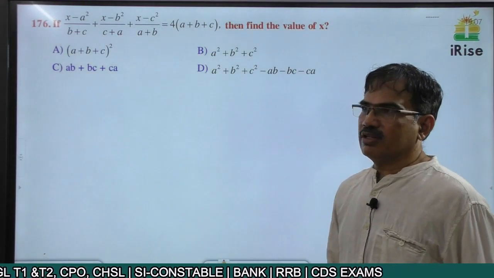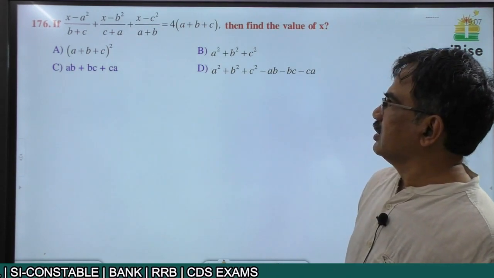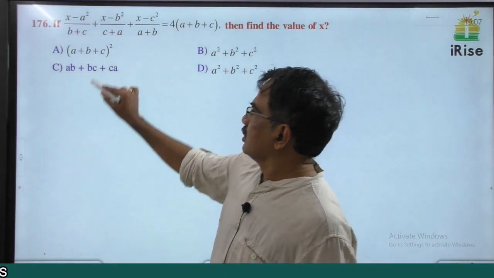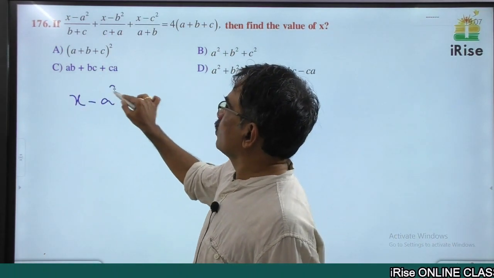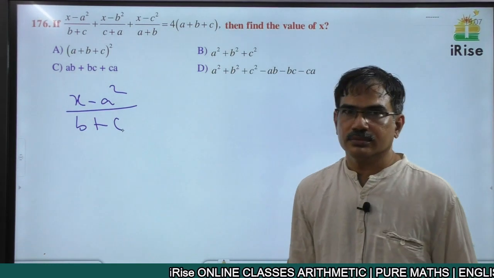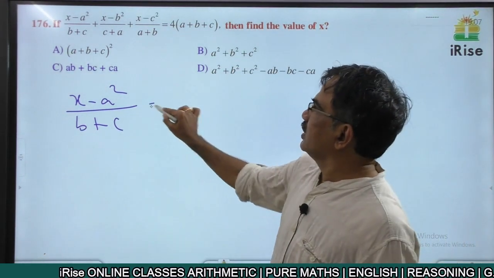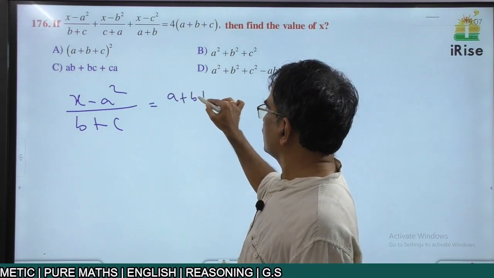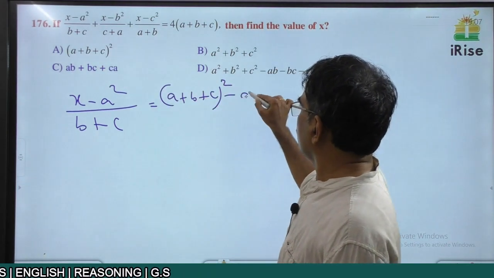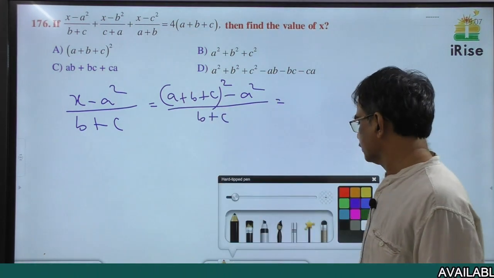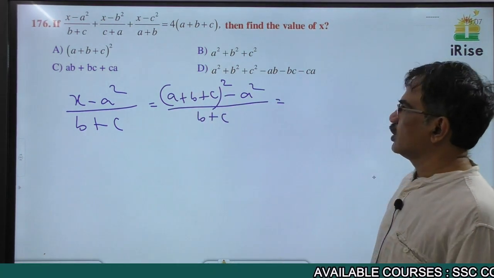See this question, solving this question is very difficult, but choosing the option is very easy. (x minus a) square by (b plus c), this is the first part. See carefully, in the place of x, if you put (a plus b plus c) whole square, minus a square by b plus c, then what we get?